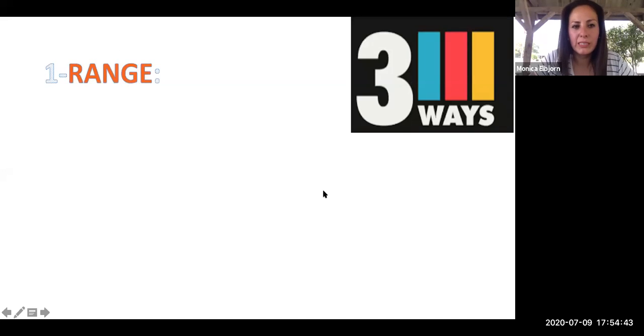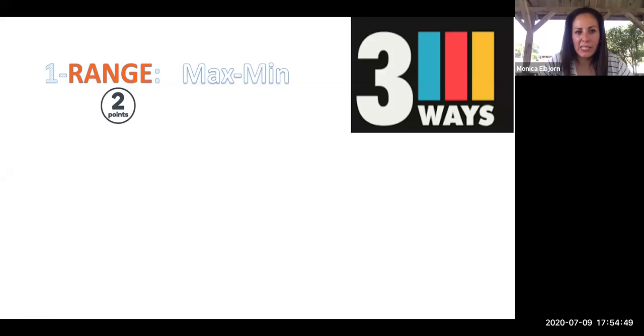The first one is the range. The range is pretty simple. It's about getting 2 points, like the range of our ages, or the range of our classes. You get a maximum and then subtract the minimum, and that's your variation between your maximum and your minimum.